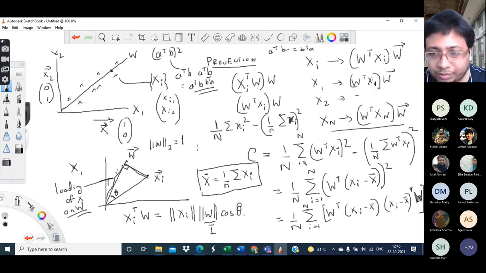After I take W transpose, W becomes 1 cross 2. Xi minus X bar is 2 cross 1, and its transpose is 1 cross 2.